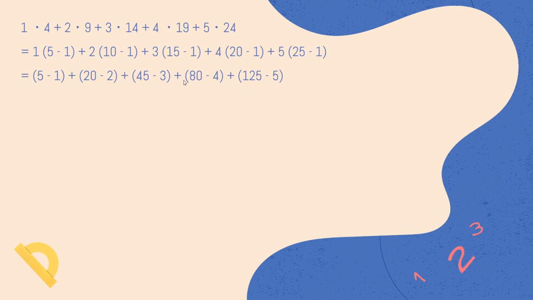Now let's separate the positive values from the negative values and get 5 plus 20 plus 45 plus 80 plus 125 minus 1 minus 2 minus 3 minus 4 minus 5. Now let's just add all the positive values together and all of the negative values together and get 275 minus 15, which is just 260.